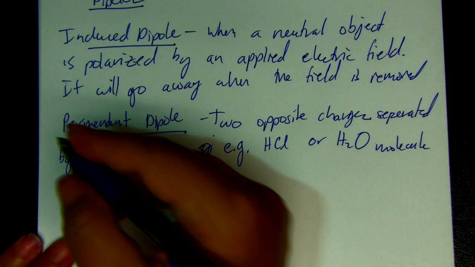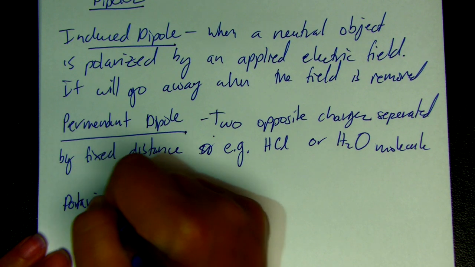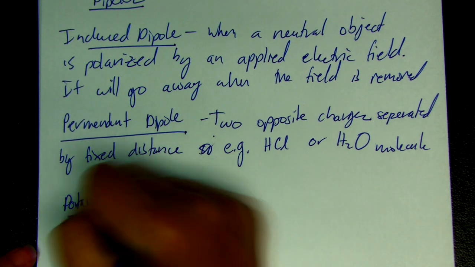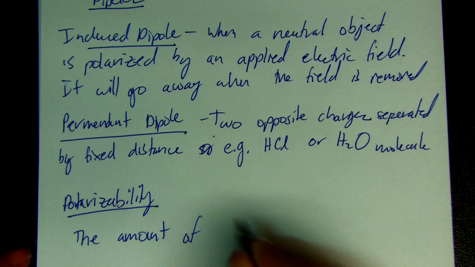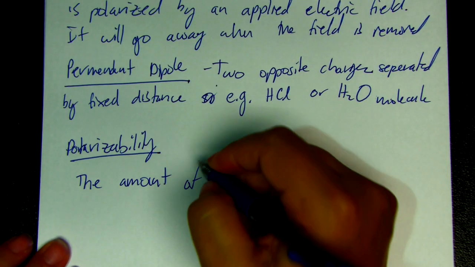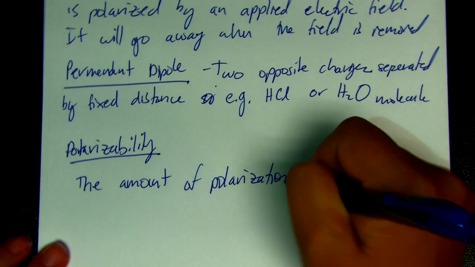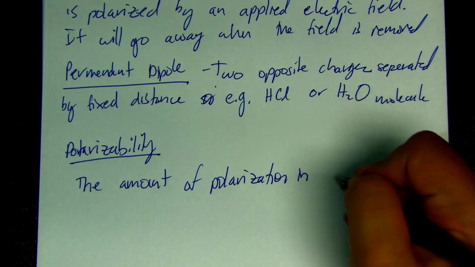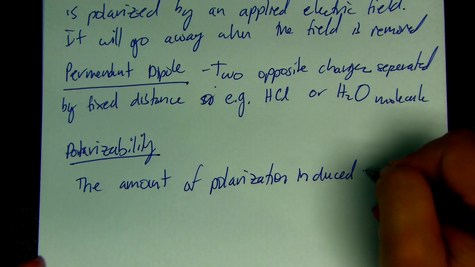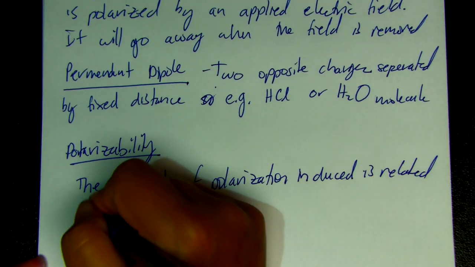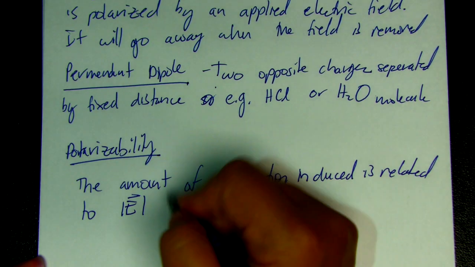So some things make dipoles easier than others, and this is related to their polarizability. And so the amount of polarization induced is related to the field that you apply.